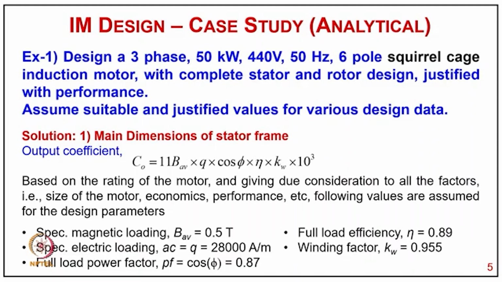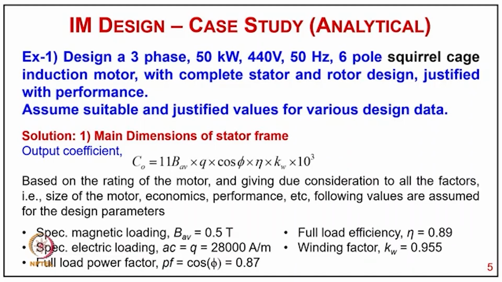This is the output coefficient, where B average is the specific magnetic loading, normally in Tesla. Here we select a practical value of around 0.5 Tesla. Then we have the specific electric loading, normally denoted by q or small ac, which lies in a typical range from 15,000 to 40,000. We take a medium value of 28,000 ampere per meter.